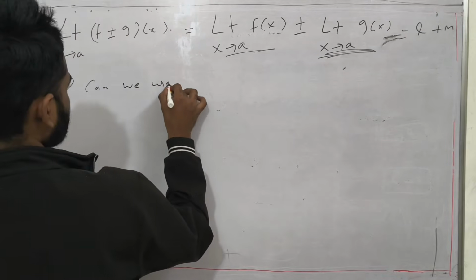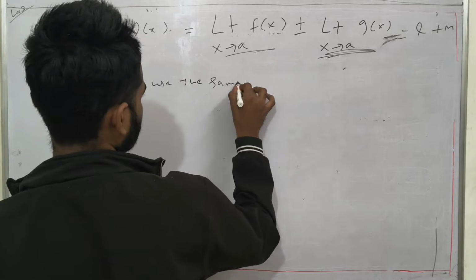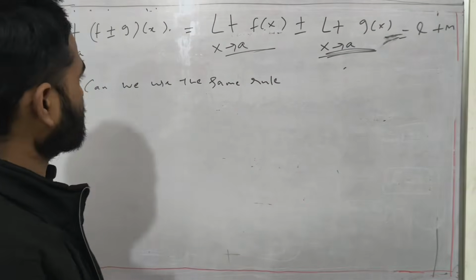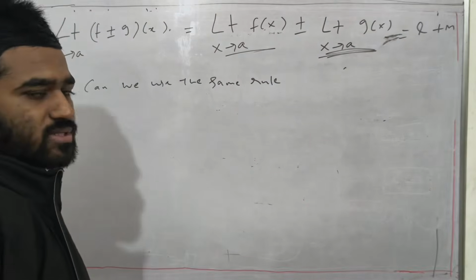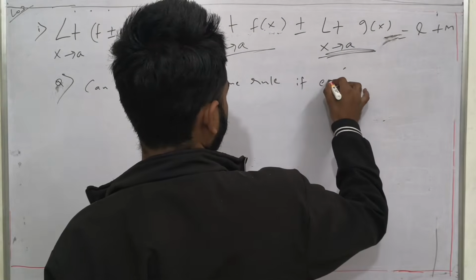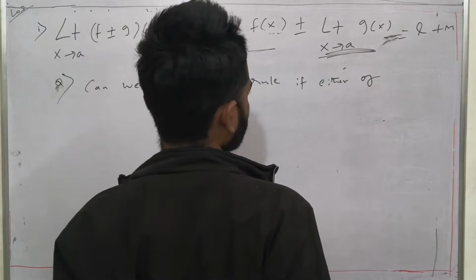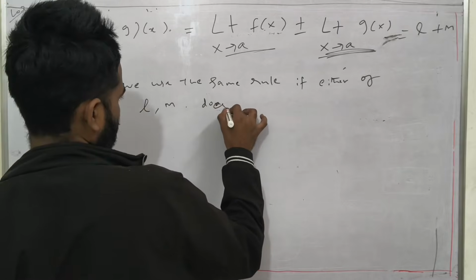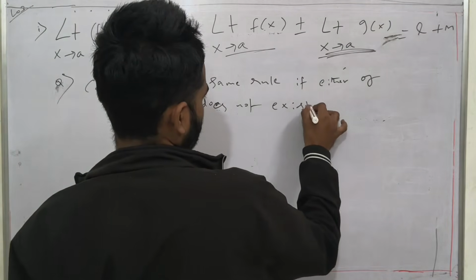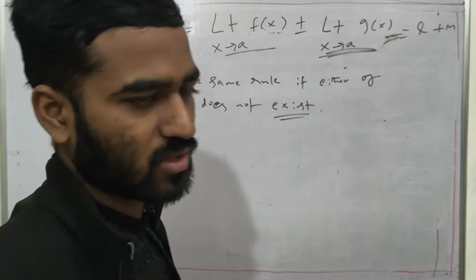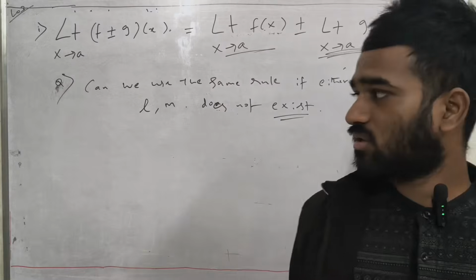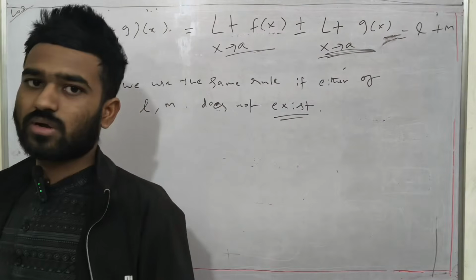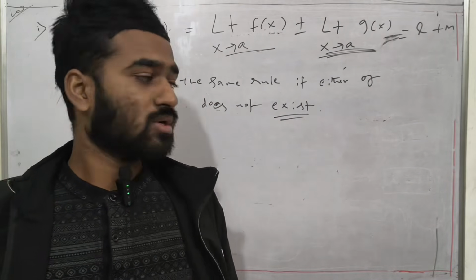Can we use the same rule to find limit x tends to a of f(x) plus g(x) if either of L, M does not exist? Can we use this? The answer is no.